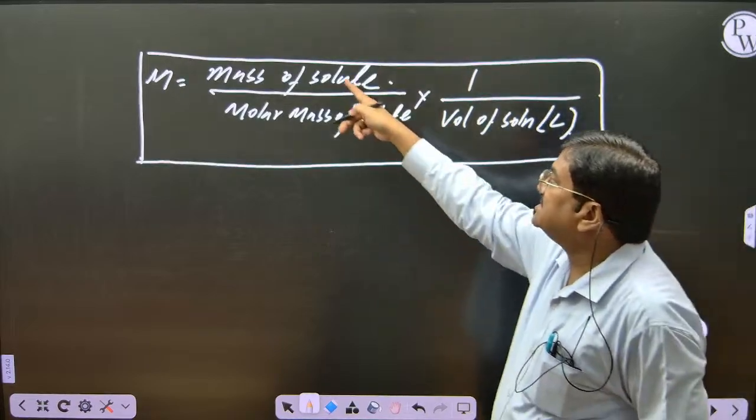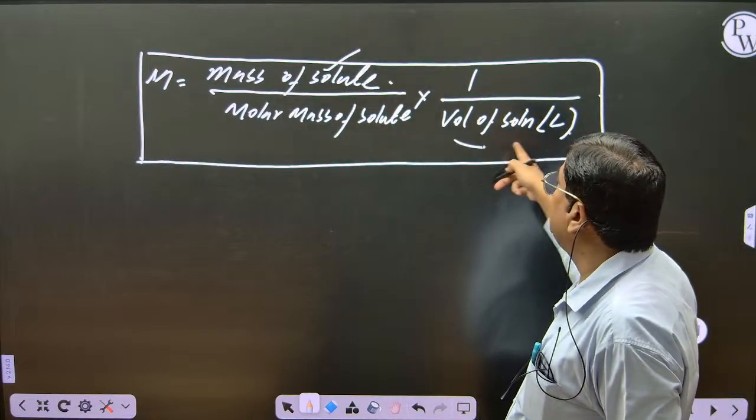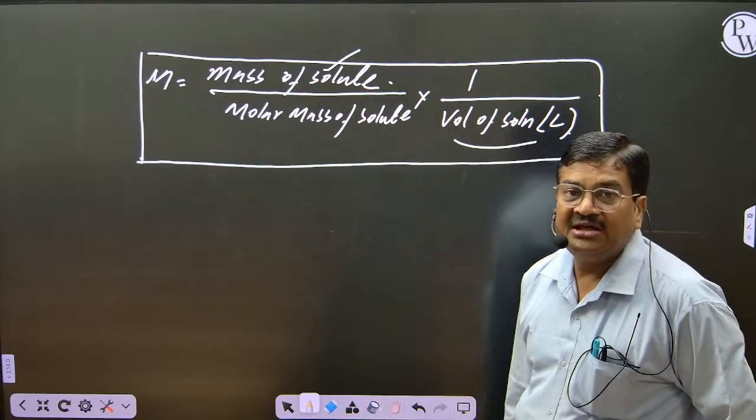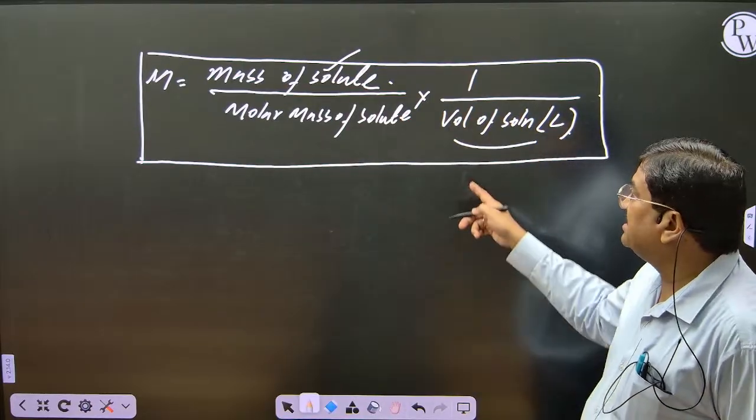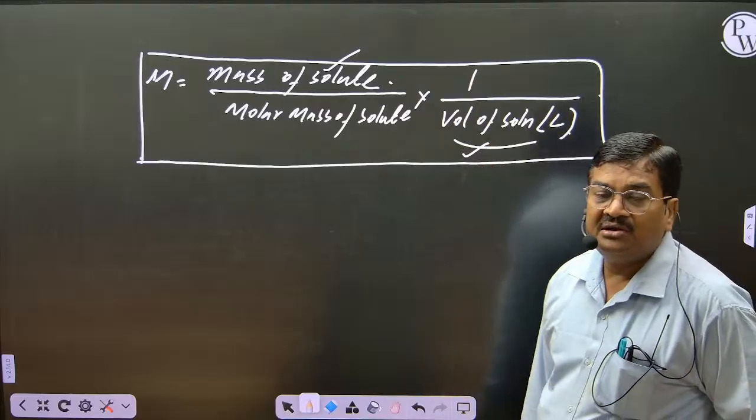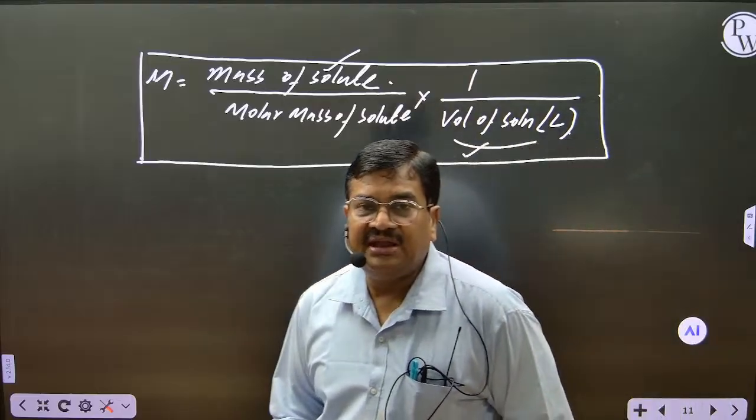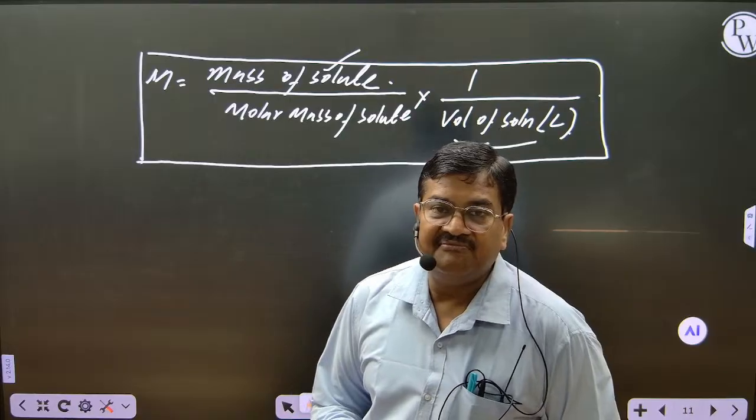In the problem, mass of solute will be given, volume of solution will be given, and you have to see whether it is given in liter or not. Sometimes they may give in milliliter. Then you have to convert milliliter into liter. 1 liter, how many ml? 1000 ml.